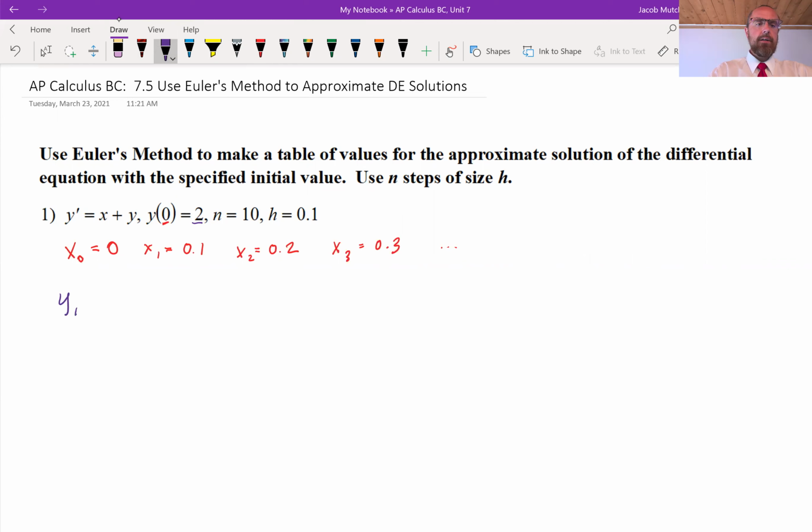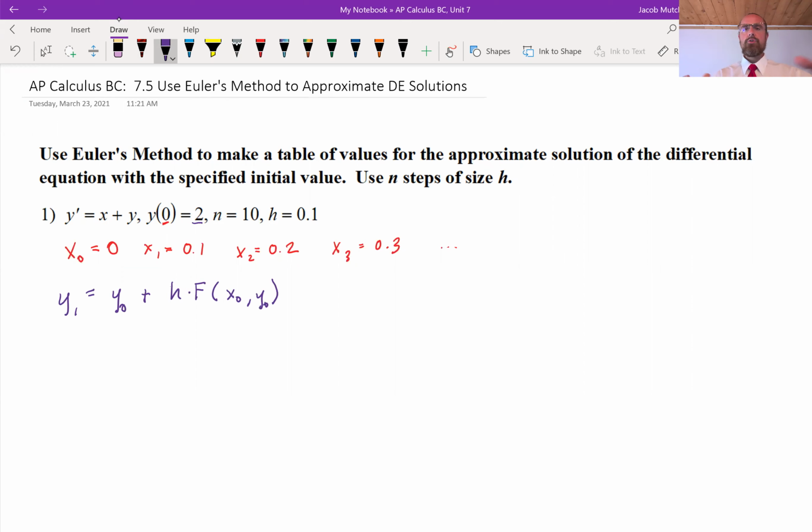So let's just say how that is going to work generally, and then we'll fill in with some values. So y sub 1 is going to be equal to the previous y value, y sub 0. And I'm going to add to it the step value, h, times the function, which really is my differential equation, evaluated at the previous x and y values, so x sub 0 comma y sub 0.